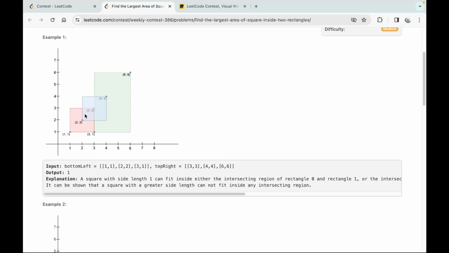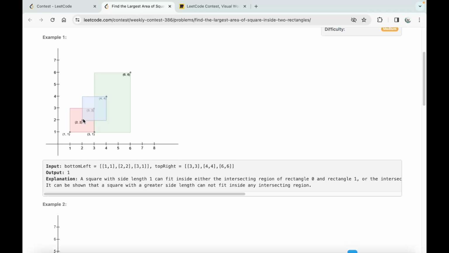Now you can see there is some intersection. Here is one intersection part, this particular area, and this particular area. So these are the intersections of all these three rectangles. Now out of this intersection, you compare the first two rectangles, and you have to tell the square with the greatest area.